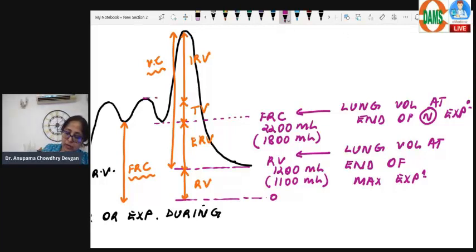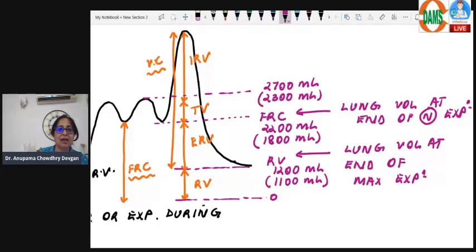When you take tidal inspiration from FRC, that means you add 500 ml of air. So now the lung volume becomes 2700 ml in the case of males. You're adding 500 to 2200, and in females 1800 plus 500 will become 2300 ml, right?